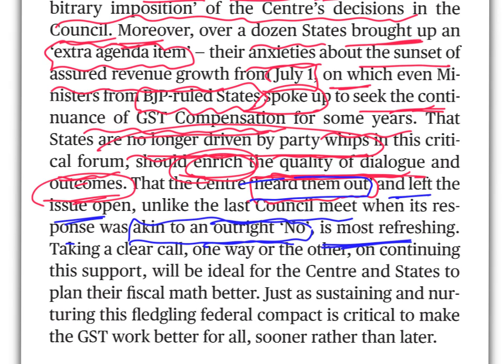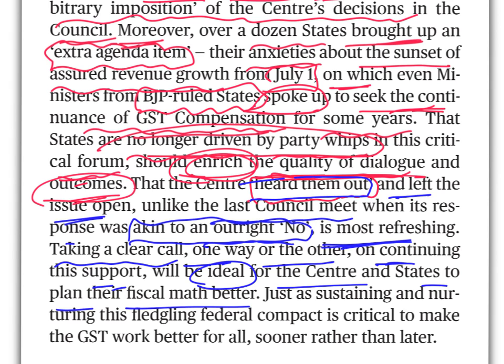Now, taking a clear call, either one way or the other, which means either continuing GST compensation or going away with it, will be ideal for the center and states to plan their fiscal math better. If center says we will continue, states will say we will get this much amount from center, we can plan these activities.